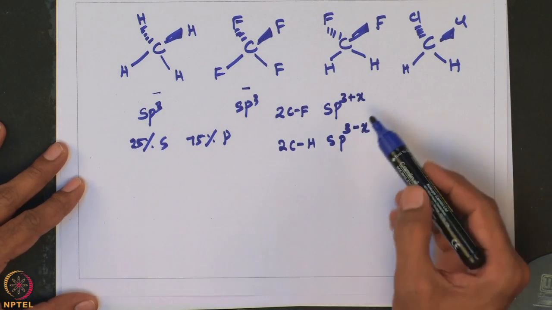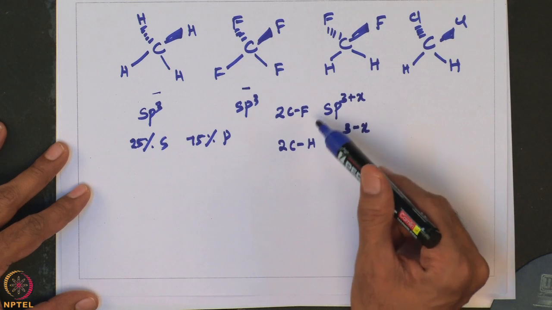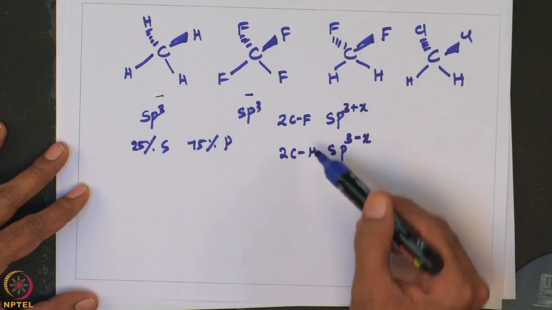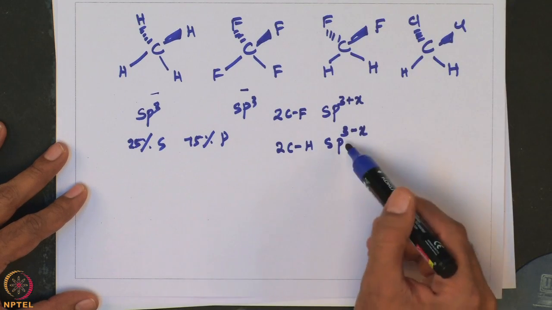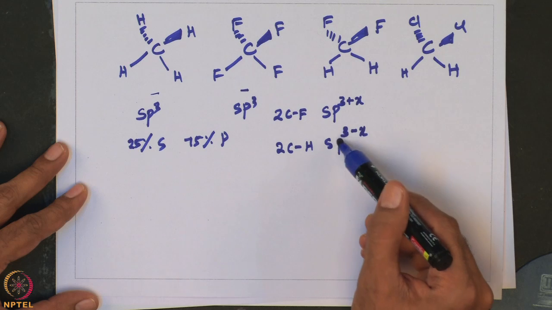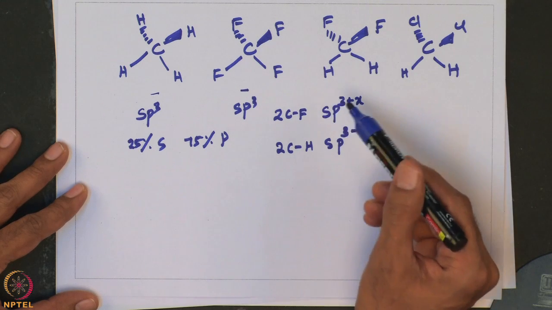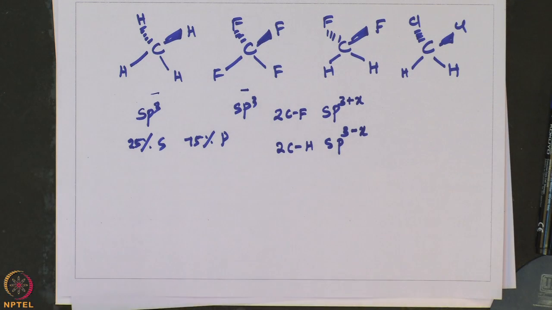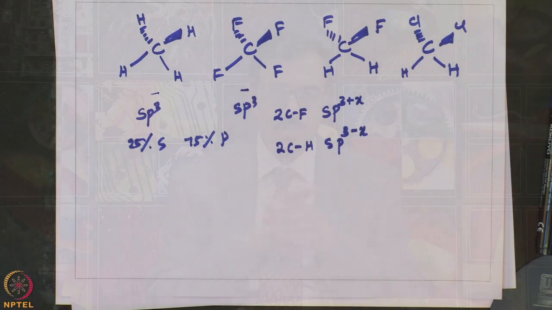That means, here automatically you can see in these cases p contribution is more, whereas in these two cases p contribution is less, or in other words s contribution is more here and s contribution is less here. So, what would happen to the overall bond angle if this anomaly exists?